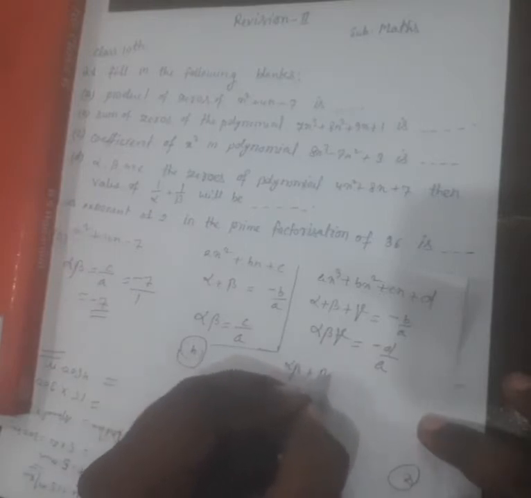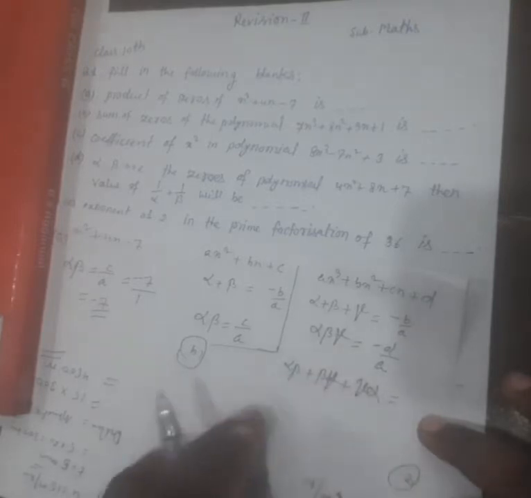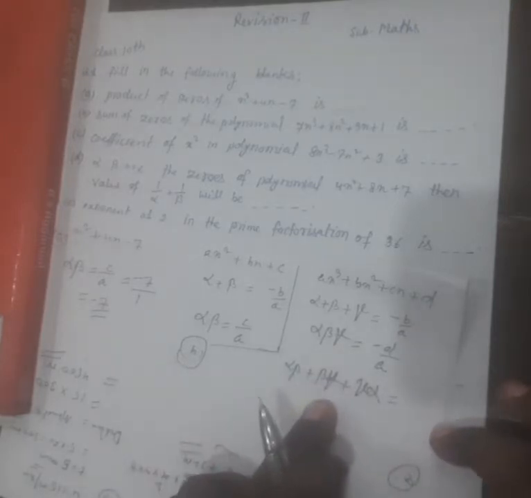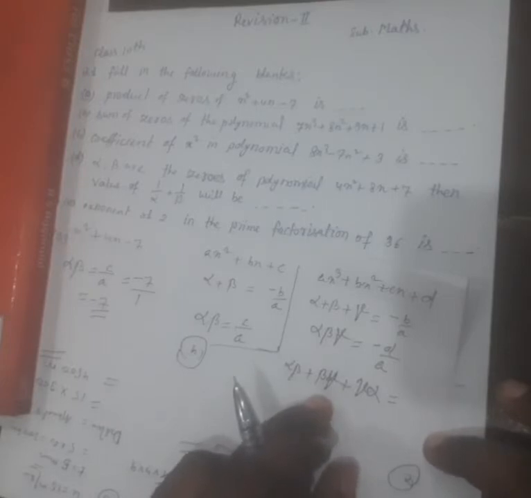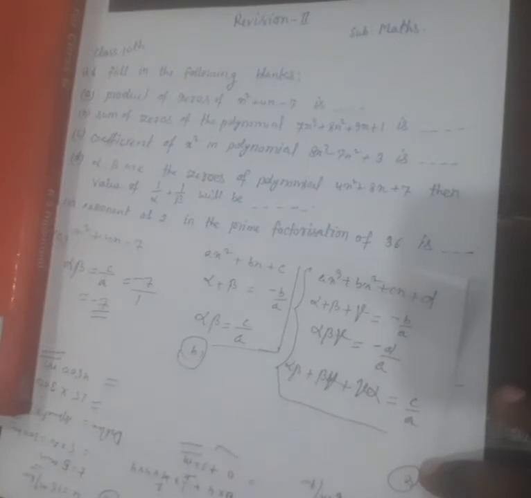And the sum of the pairs, alpha into beta, beta into gamma, and gamma into alpha, is equal to c upon a. So these are all the formulas used in this zeros and coefficients relation.